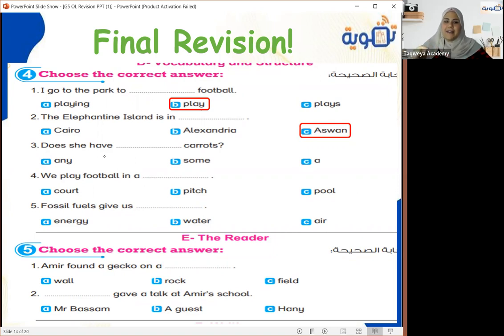Does she have any carrots? That's a very good question. Number 1, it's a question. Number 2, carrots is a countable noun, and it's plural. So of course, I will choose any. In grade 5, we have studied some and any.